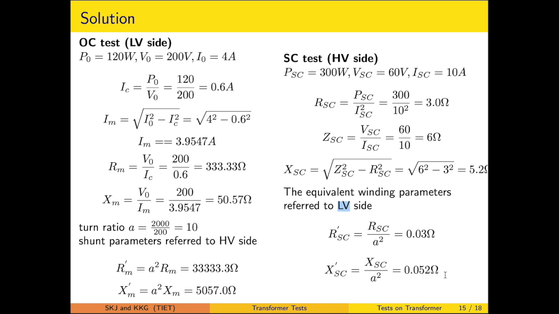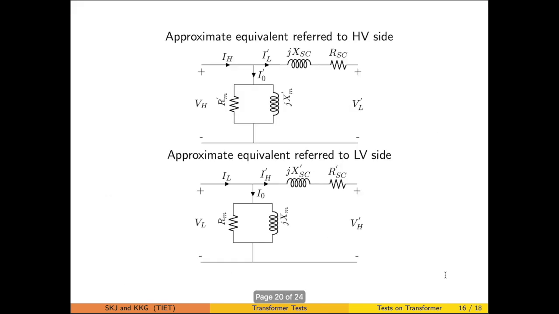Here we have to find the approximate equivalent circuit, so there is no point in separating out the winding parameters between the high voltage and low voltage sides, and the approximate equivalent circuit can be drawn likewise. The only adjustment is that when you are referring to the high voltage side, RSC and XSC are available directly, whereas the magnetizing branch parameters are the transformed parameters. While using the approximate equivalent referred to the low voltage side, the magnetizing branch parameters are available directly from the test.